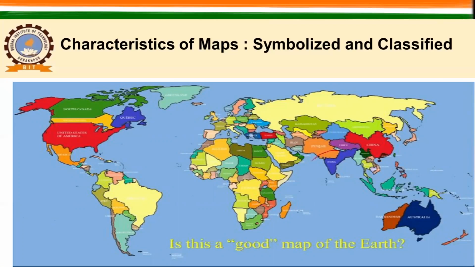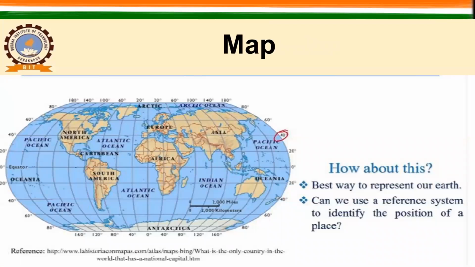Now see this particular map. What do you feel about this? Here you have some more information from the previous map. Here you have location, which is in the form of latitude, longitude. So definitely this map is better than the previous one.